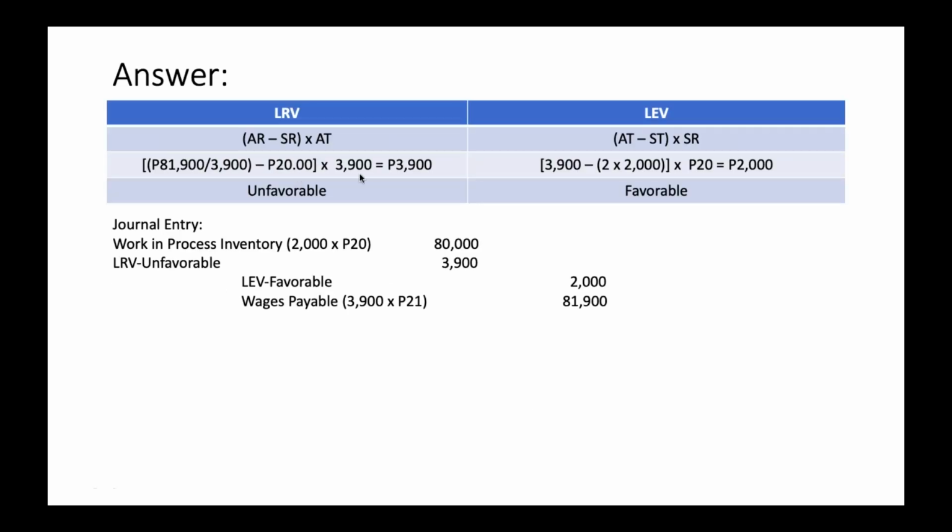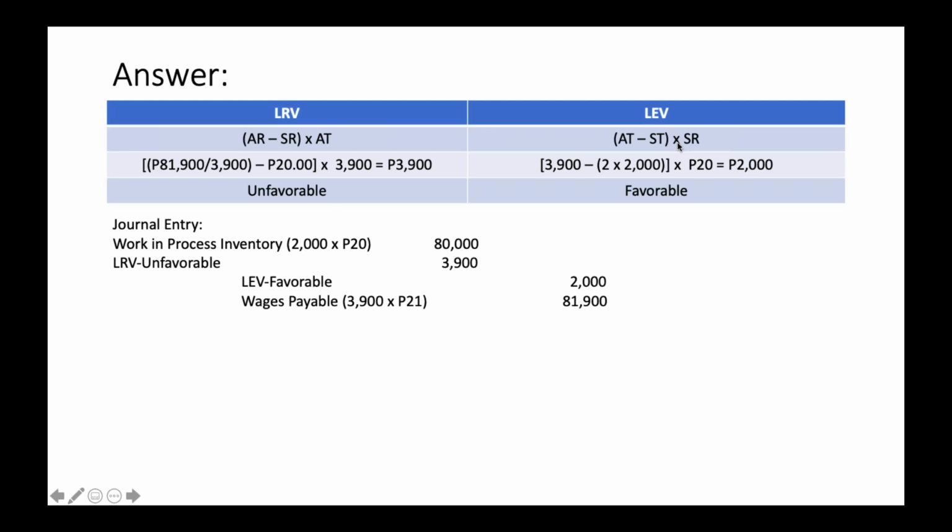Deduct it from the standard rate multiplied by the actual time, we get 3,900. And this is unfavorable because 81,900 over 39 is 21. So we pay higher than the standard. So we get 3,900, that's unfavorable on our part.